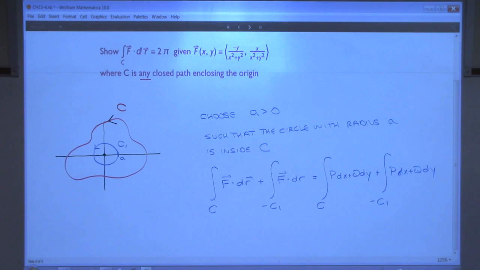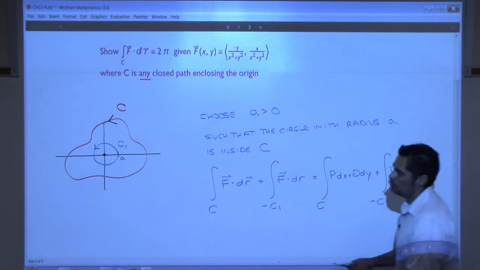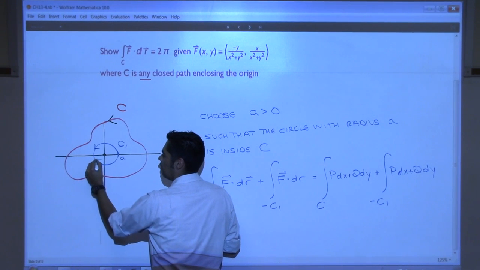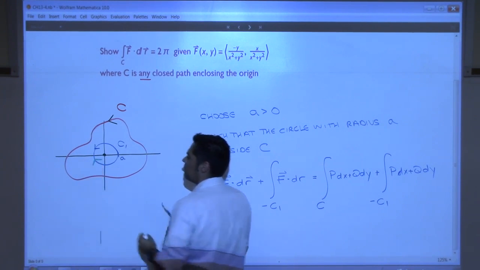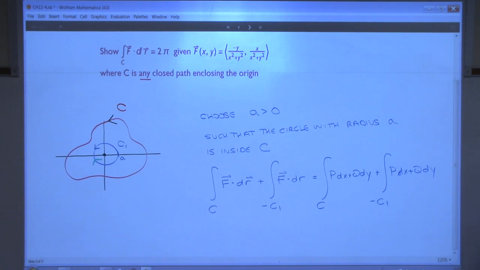And can you tell me what that is? So look, what does negative C1 look like? It's the same curve, but in the opposite direction. Do you agree with that? Isn't that what I just had on the board a second ago?